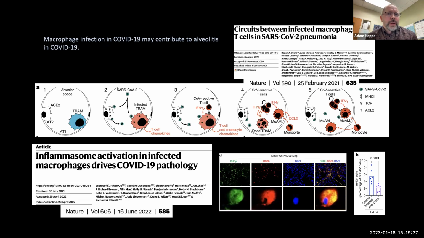cytokines. So there's been a number of very interesting studies about the role of the macrophage in alveolitis and COVID-19. I just want to nod to these briefly. One looked at human autopsy data, the other at sequencing of cells from BAL fluid, as well as a humanized mouse model in which all of the myeloid cells are human.